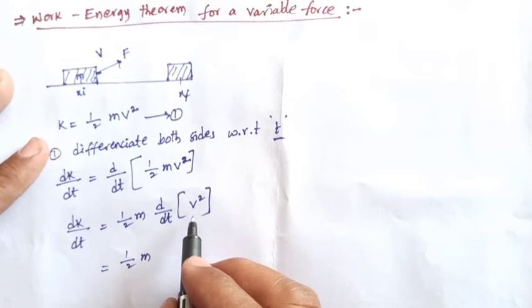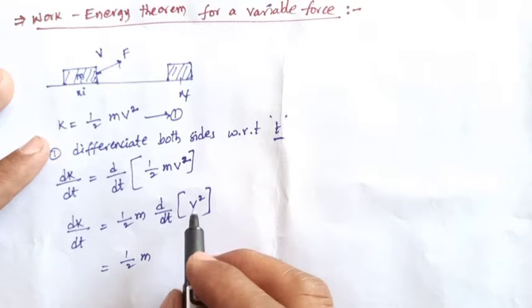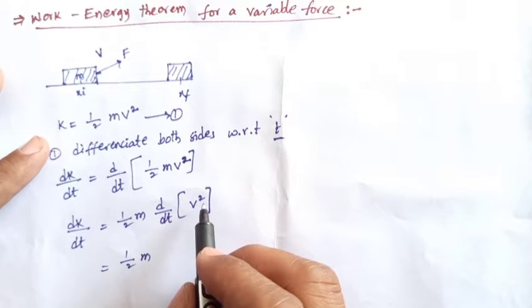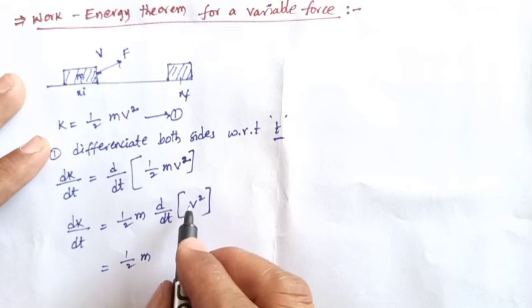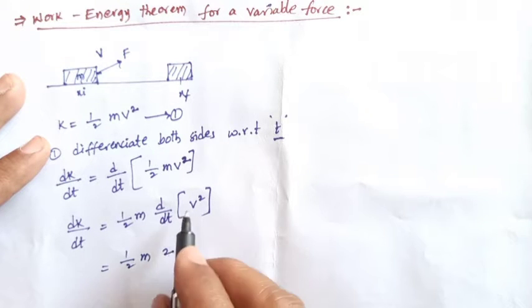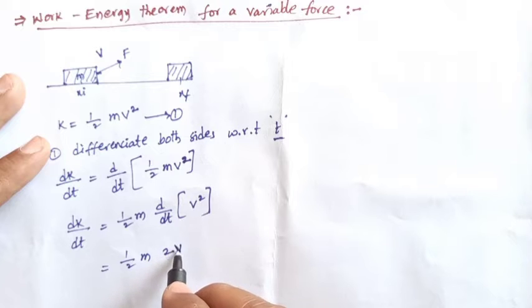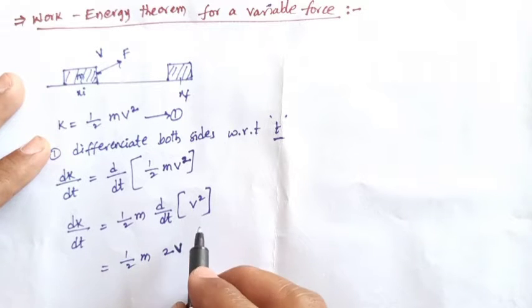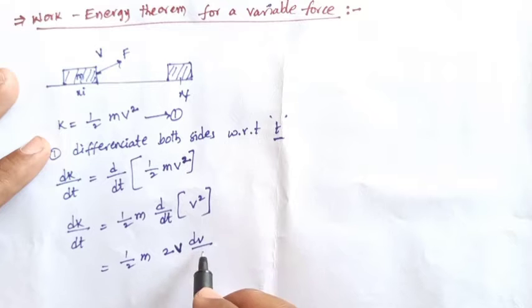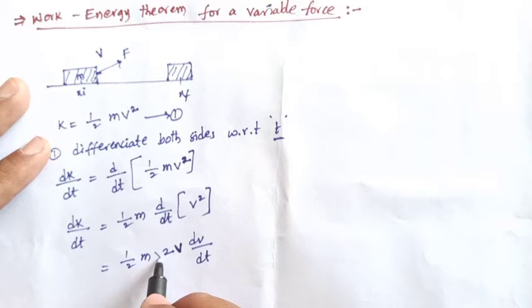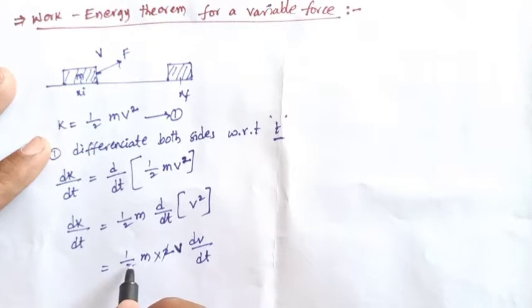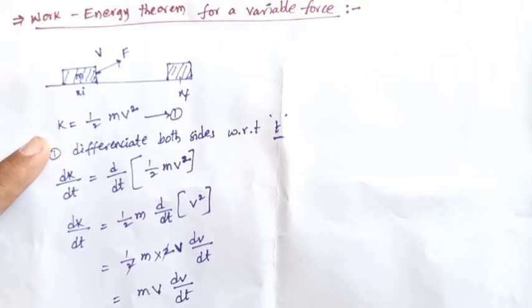Differentiation of x power n equals n times x power n minus 1. So it is 2 into v, so dv by dt. So this is 1/2 times 2v into dv by dt. The 2 gets cancelled, so m into v dv by dt.